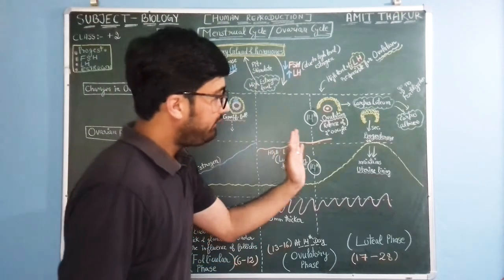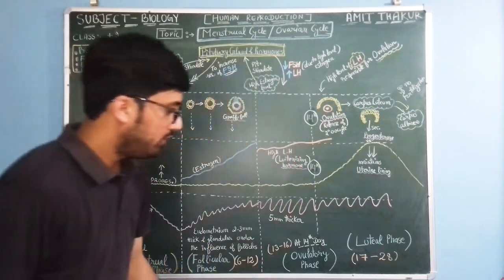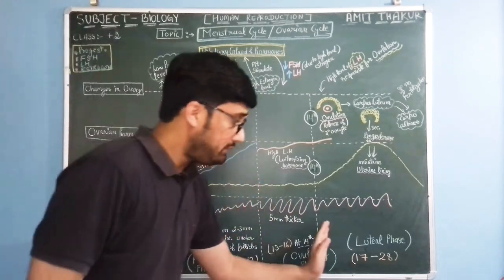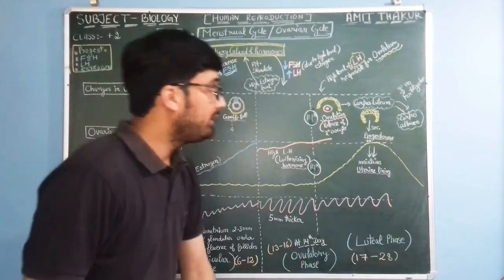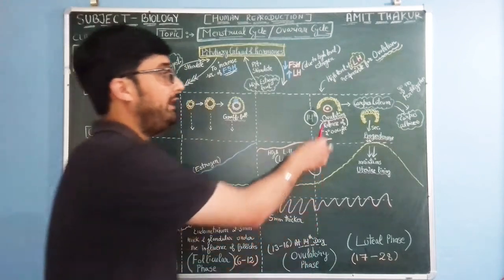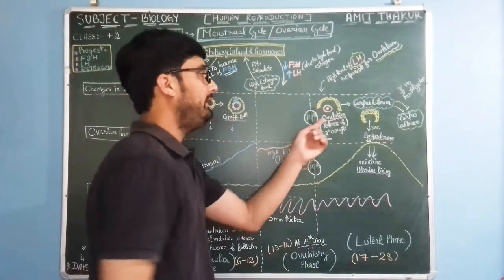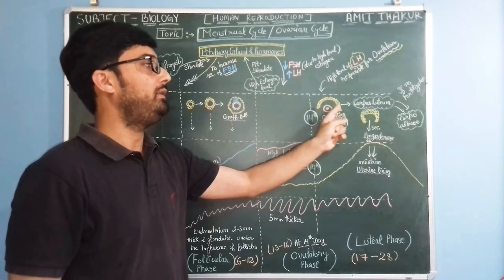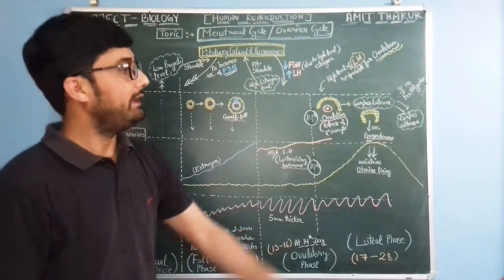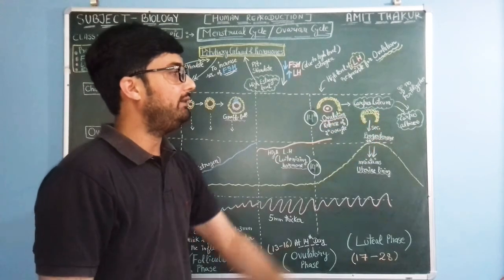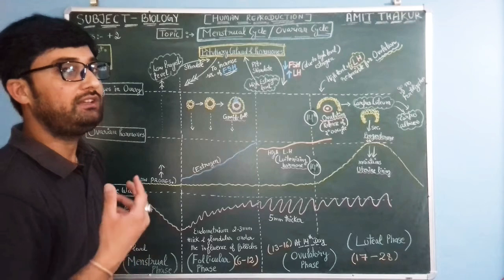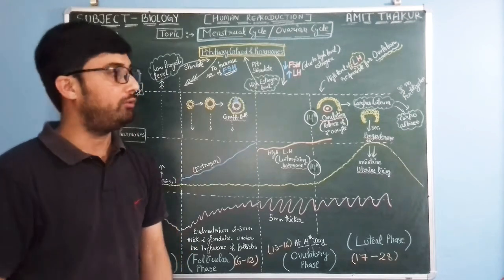And just after ovulation, from the 15th to 28th day, is the last phase, which is the luteal phase. Why is it the luteal phase? Because when this Graafian follicle releases the secondary oocyte, it becomes corpus luteum. And as you know, this corpus luteum is also known as a temporary endocrine gland, which secretes progesterone hormone.